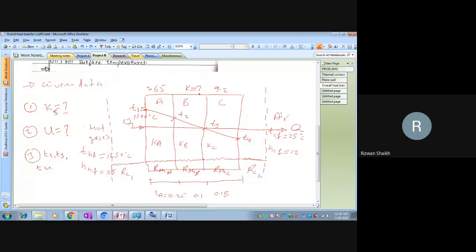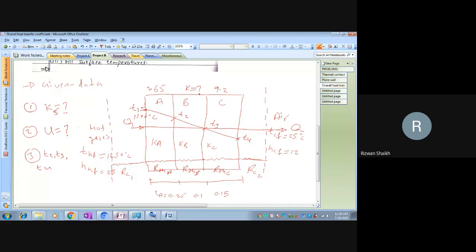So instead of considering the entire resistance in one equation, we'll break it into each resistance and take the equation for each resistance to calculate K, the surface temperatures and U.